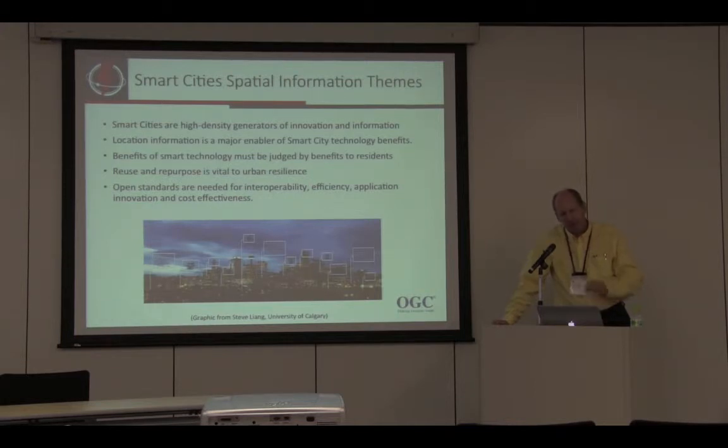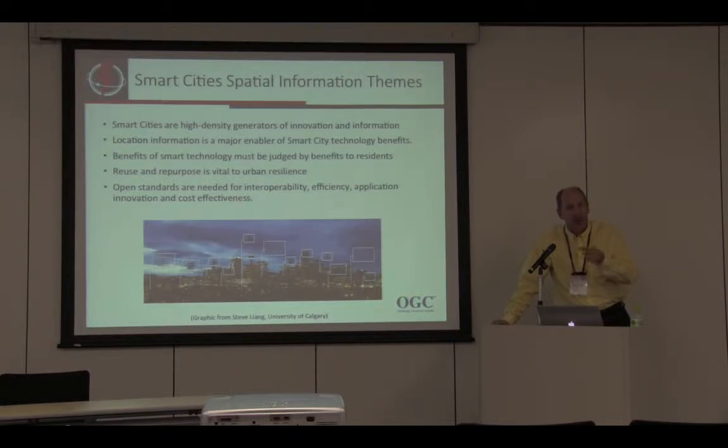A principle here: benefits of the smart technology must be judged by benefits to the residents and the decision makers, essentially those folks that live in cities. How do we make use of indicators to assess those benefits? Reuse and repurpose is vital to urban resilience.